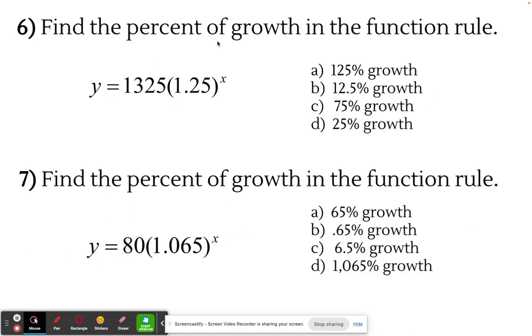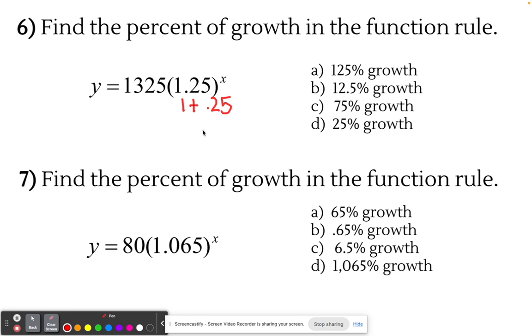Okay, let's find the percent of growth in this function. If I have 1.25, well, remember what's in that is 1 plus my percent growth, which in this case is 0.25. Well, 0.25 is my decimal.